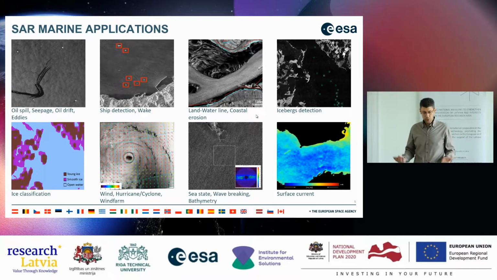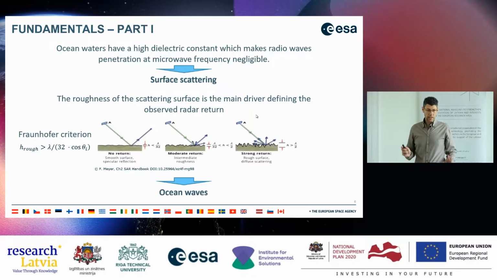You want to know the meteorological conditions around the oil spill, such as which wind speed was in place, because as we will see, wind is also one component that moves the oil on the ocean surface. So these are all kind of together, but today we are talking about the first two, oil spill and ship detection. If you are interested, you can find plenty of books about the other topics.